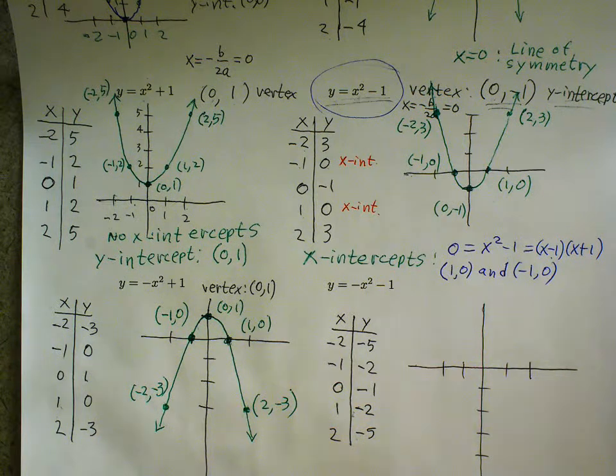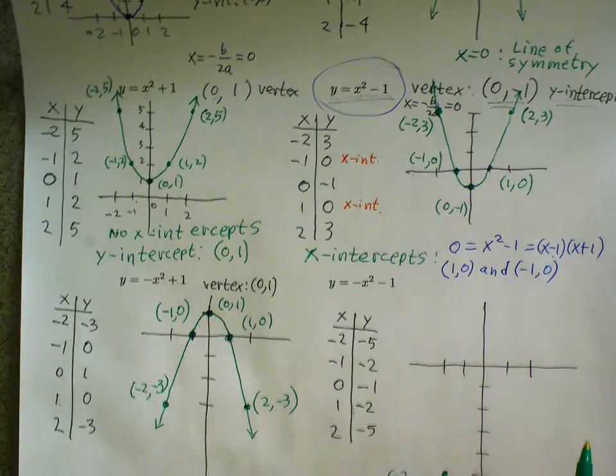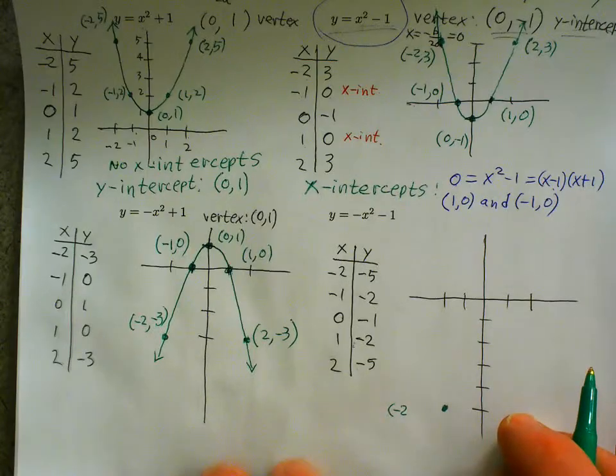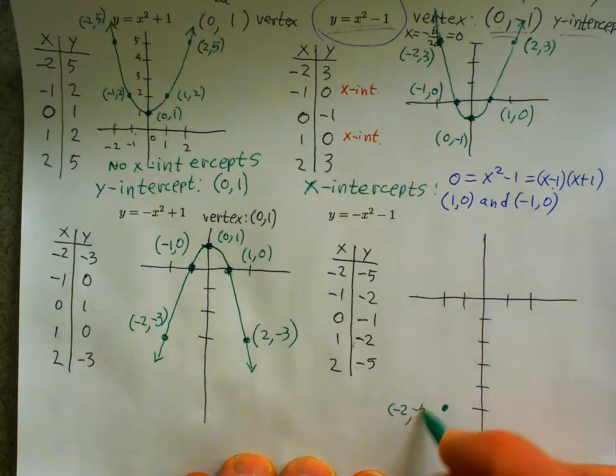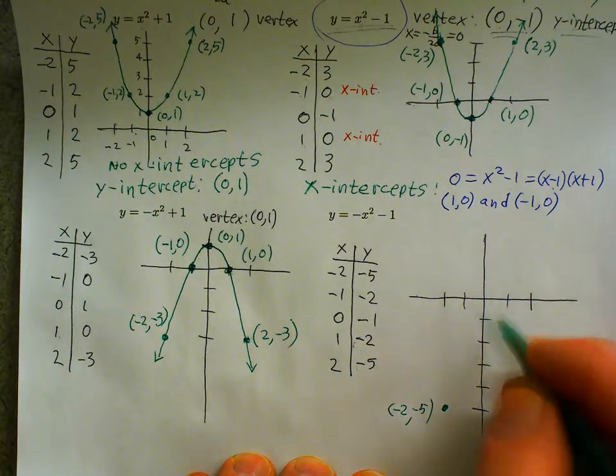Okay, plot the points, negative 2, negative 5. Negative 1, -2.